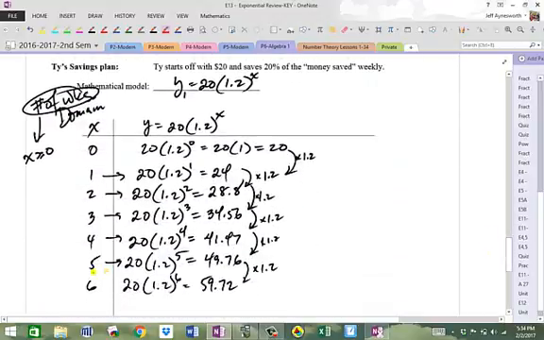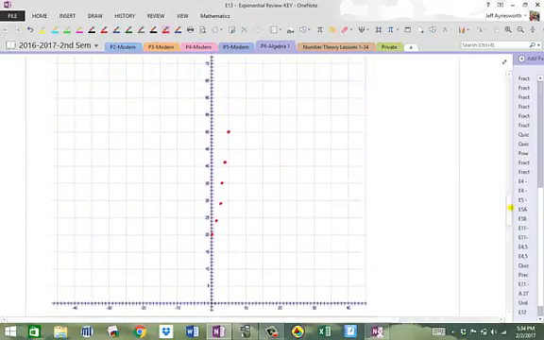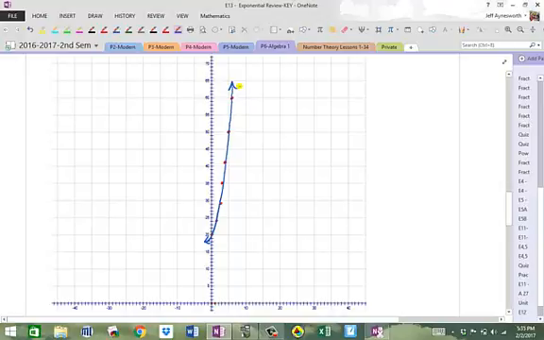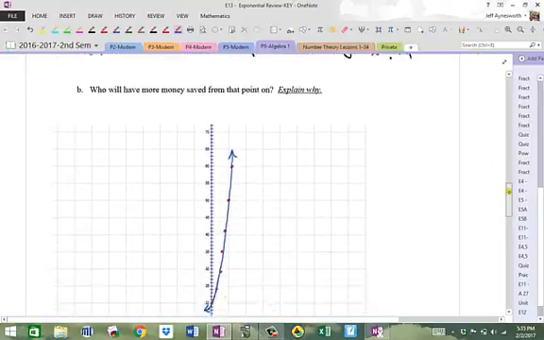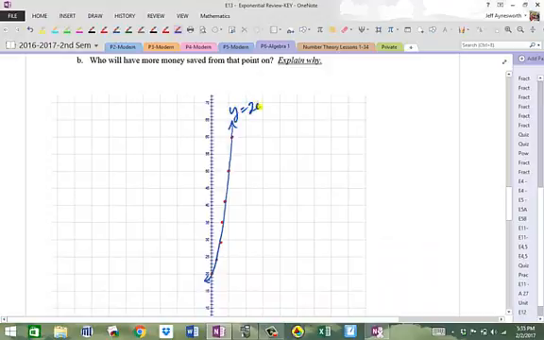Okay, right 6 up almost 60. So here's my function so far in blue. It's going to curve up here because it's a growth function. It's going to continue way up. So that's my function: y equals 20 times 1.2 to the x power.